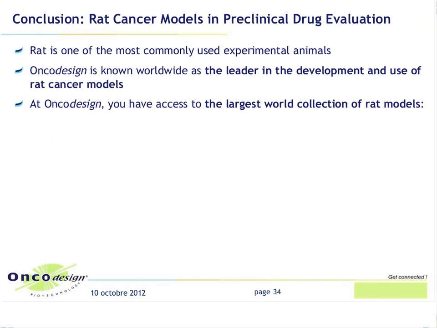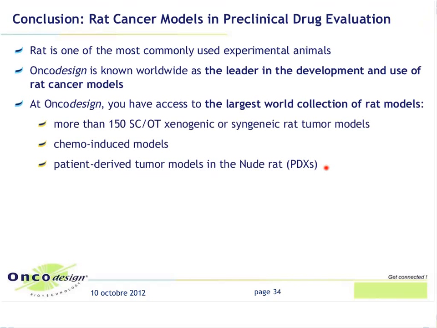Oncodesign proposes a large number of models: subcutaneous or orthotopic models, syngeneic, xenogeneic, or chemo-induced models. Moreover, for 2 years, Oncodesign has proposed rats xenografted with patient-derived tumor. These models use tumor collected from patients at the time of surgery and directly implanted in rodents.